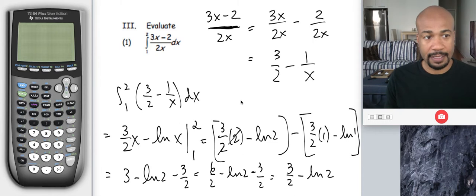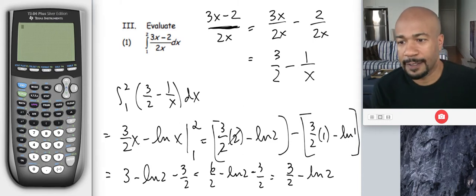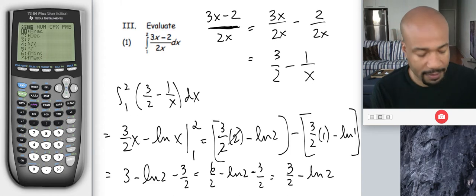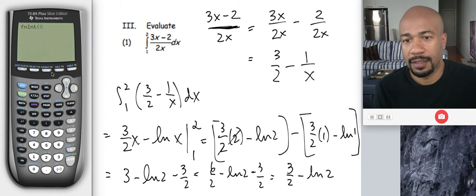Well, let's check that. Am I right? You're going to go to math and select down to the functional integration, number 9. I have to write it kind of weird because it's all about order of operations here.